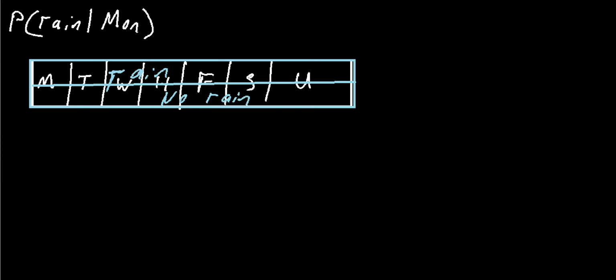To identify the conditional probability, the probability of rain given that it is Monday, I first find the thing that I'm conditioning on, which is Monday here.